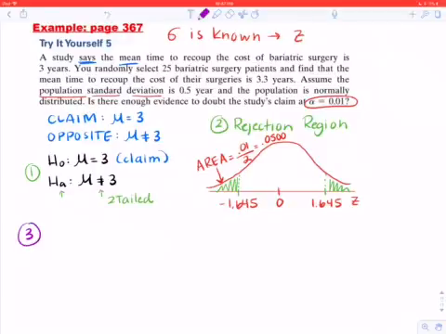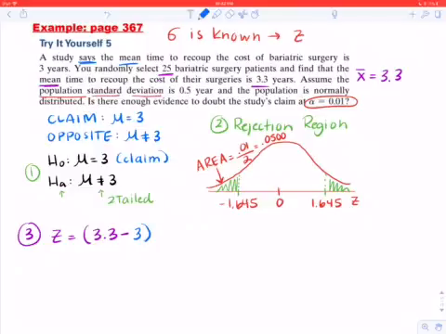All right, so our formula for Z says take the sample mean. So if I look back up here at my sample data, we have a sample of 25, and that sample has a mean of 3.3. So I'm going to take that 3.3 and I'm going to subtract the value of mu. Now again, mu always comes from the null hypothesis, but is essentially whatever value you are testing.